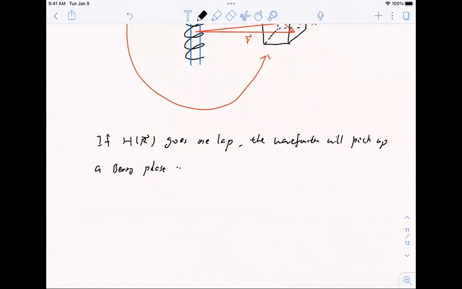And the Berry phase is gamma, and it has the expression of this.